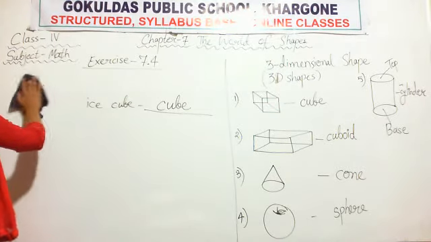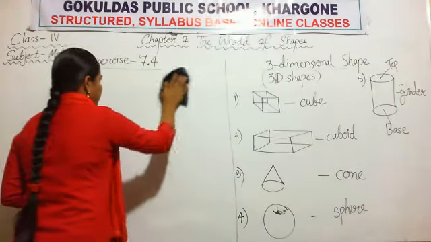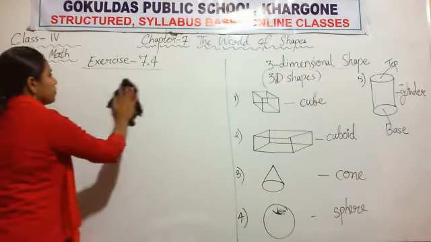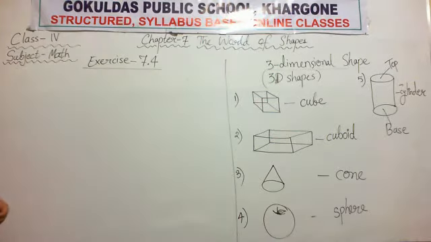Okay, question number 1 is complete here. Now question number 2. Read question number 2 carefully. Name a solid shape with only one vertex, no flat surface, exactly 2 flat faces, 6 identical faces.